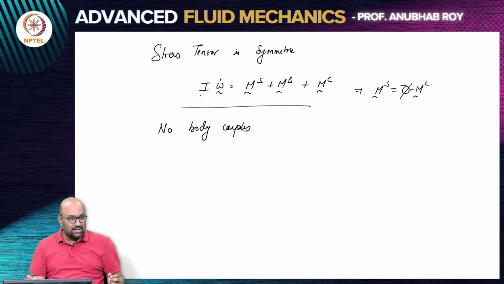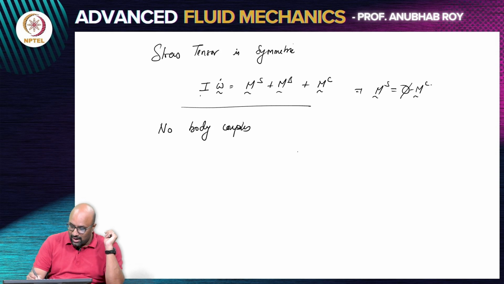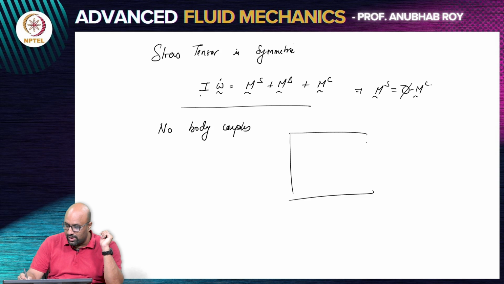The stress tensor can have an antisymmetric component also. This would happen in at least two scenarios, and you can come up with more scenarios where you get body couples. One example is if you imagine that the fluid was a conducting fluid made up of, let's say, tiny suspended magnetic particles. So a ferromagnetic fluid.